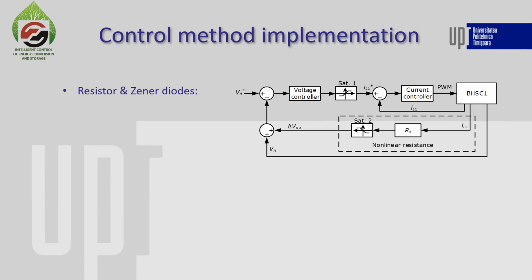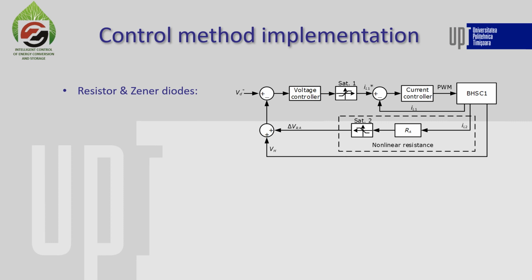The control implementation for the nonlinear strategy with Zener diodes is shown here in the diagram. The control loop uses a cascaded current-voltage control with the saturation block SAT1, which is used to limit the IL1 maximum reference current from the inner current loop.